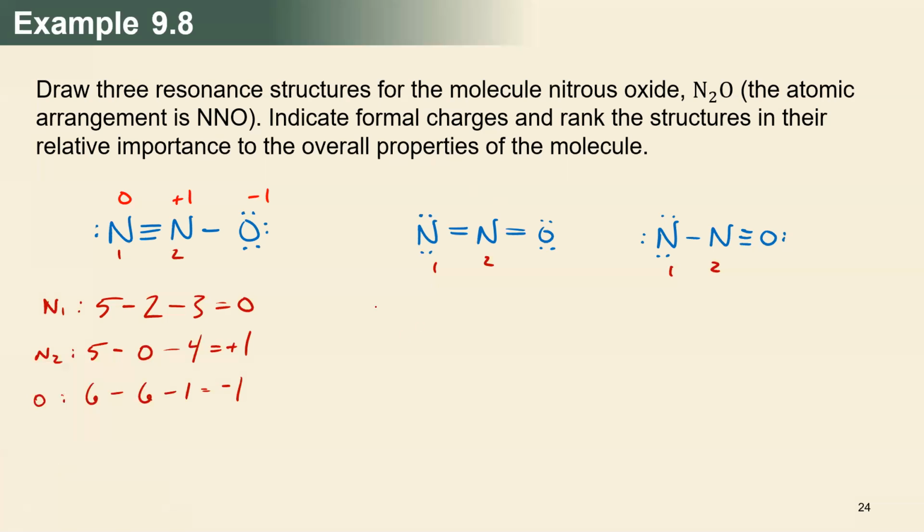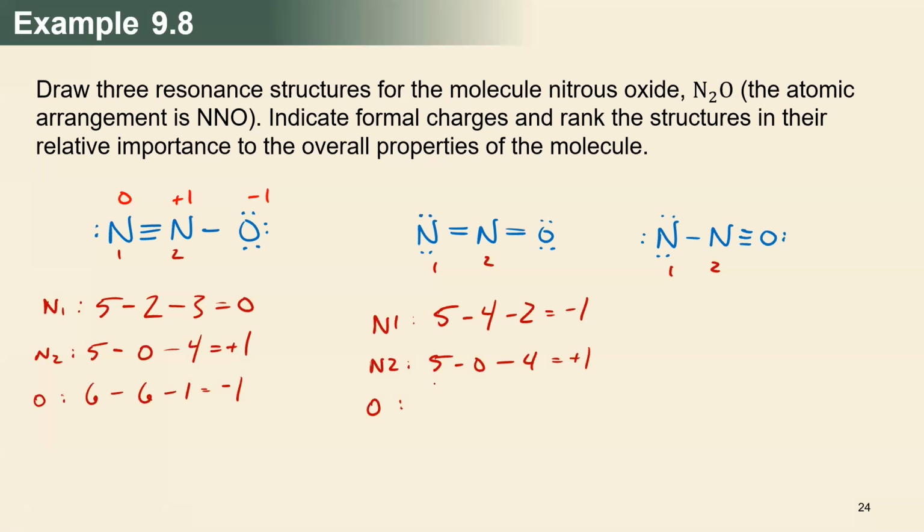On the second one, for N1, we still have 5. We've got 4 non-bonding, 2 bonds. That's a -1. For N2, 5 minus 0 minus 4 equals +1.